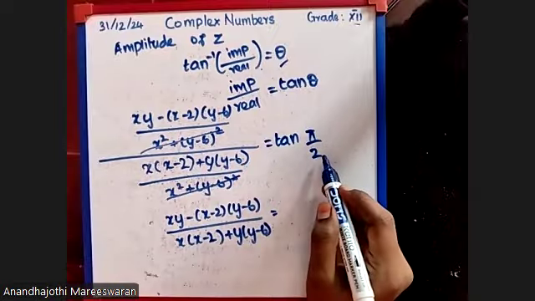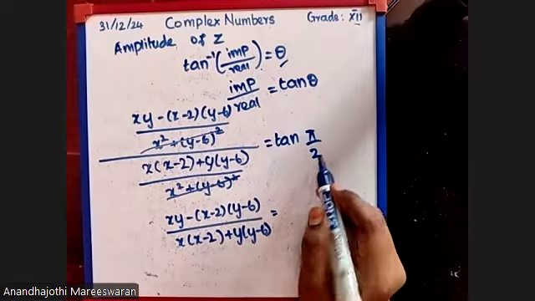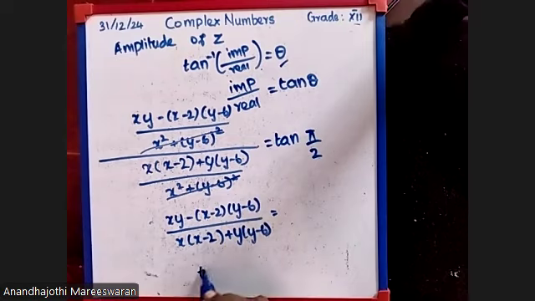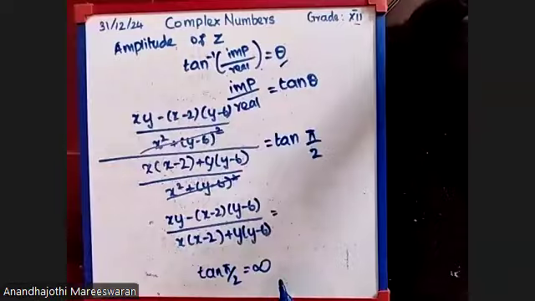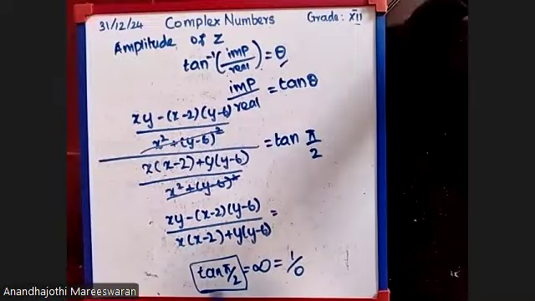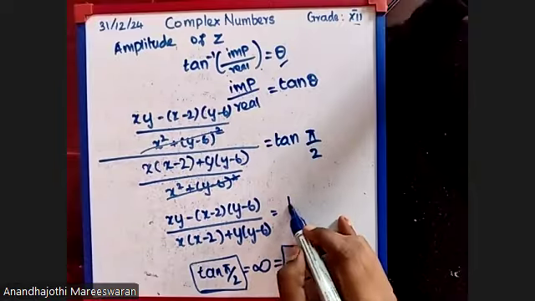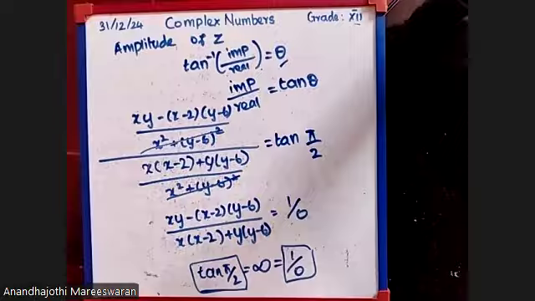What is the value of tan pi by 2? It's tan 90 degrees, which equals infinity. What is infinity? It's 1 divided by 0. So I'm going to replace tan pi by 2 with 1 by 0.